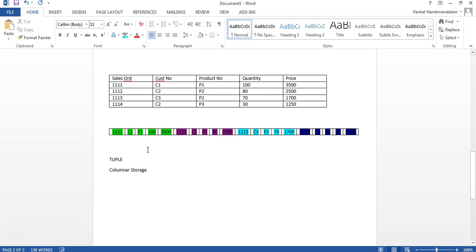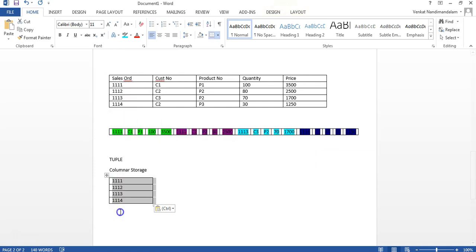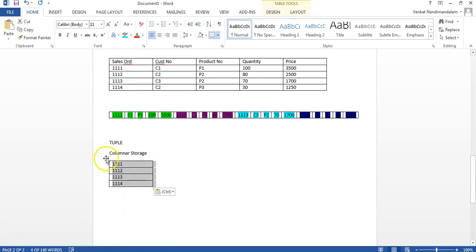How the columnar storage stores data at a database level is, it doesn't store data like this, but it stores data like this. So now in columnar storage, the tuple means this. So this one will become a tuple now.